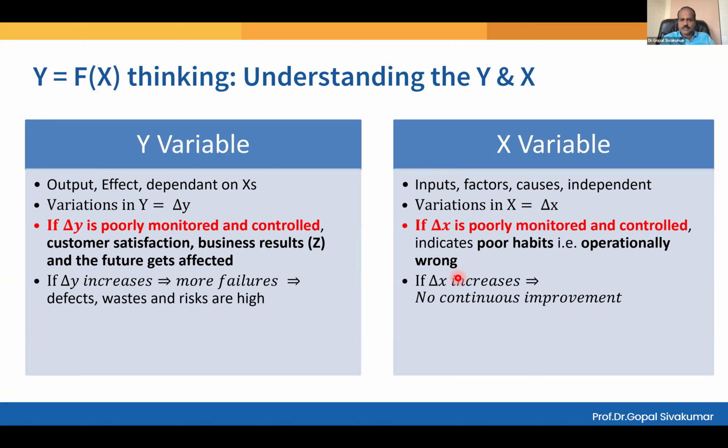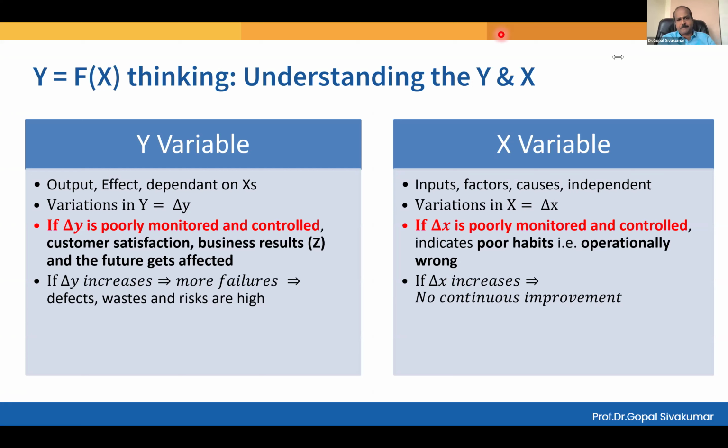Sometimes we call it the cause or root cause. And mathematically, X is known as the independent variable. Why do I call it independent? Because I can directly change it whenever required, according to my requirement. But if I want to change the Y, I can't directly do it. Any changes in Y, I do through X only.